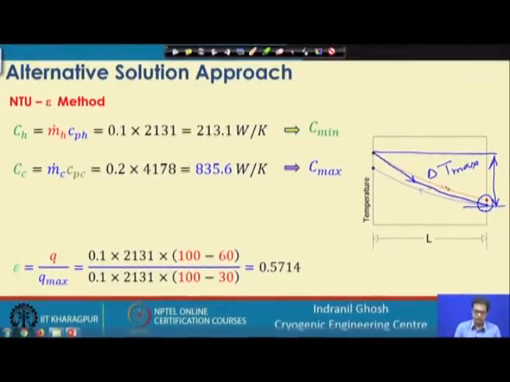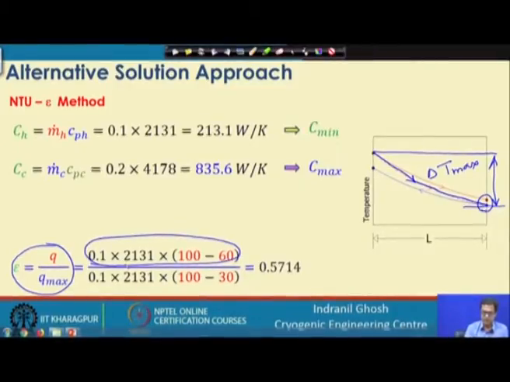So, if we now want to find out the effectiveness of this exchanger, we have to write it in terms of epsilon equals Q by Q max, where Q is the actual heat transfer that is taking place.